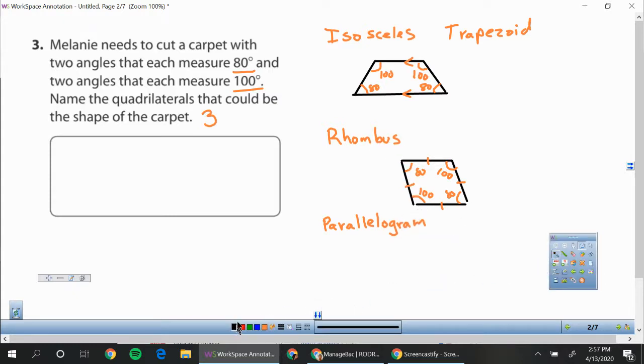And finally, a parallelogram is going to be exactly the same thing as a rhombus because every rhombus is also a parallelogram. So it would be exactly the same. I could draw it out. Every rhombus is a parallelogram. So I can do a different type of parallelogram, maybe one that's a little bit longer, like so.